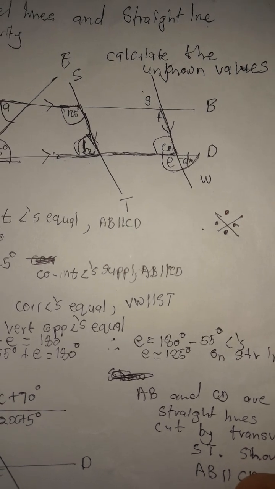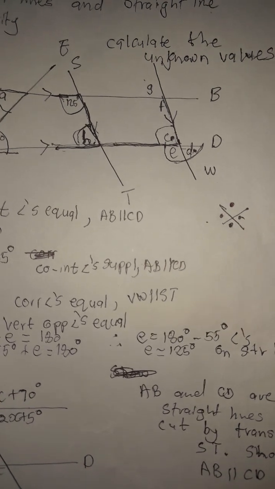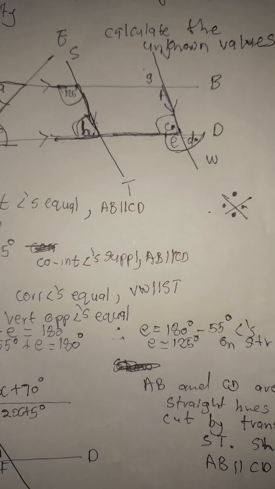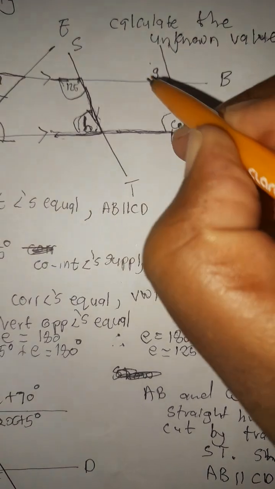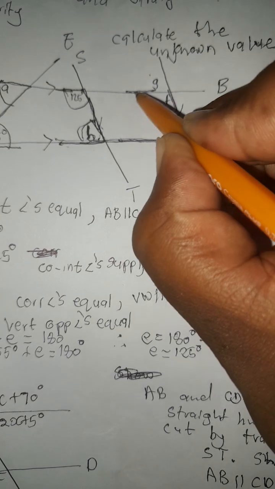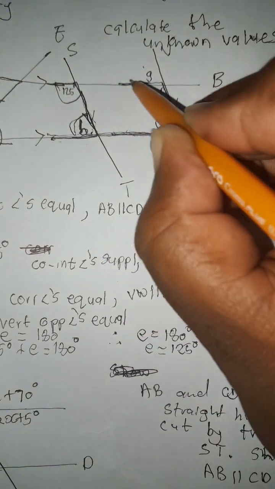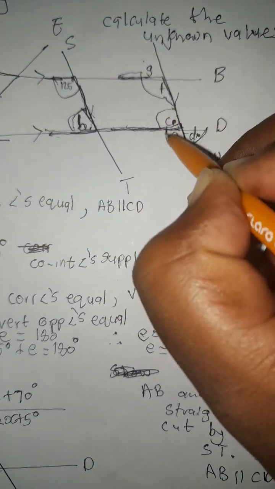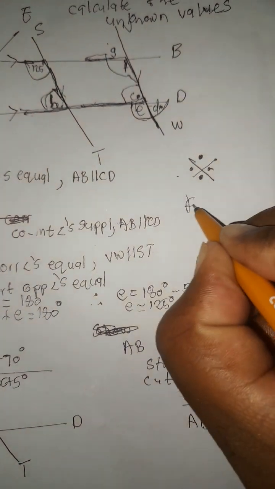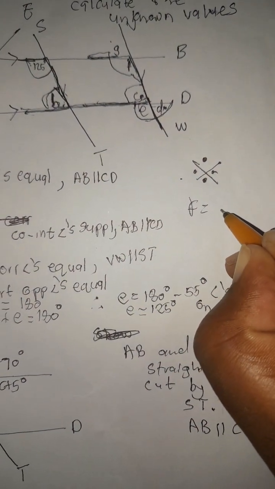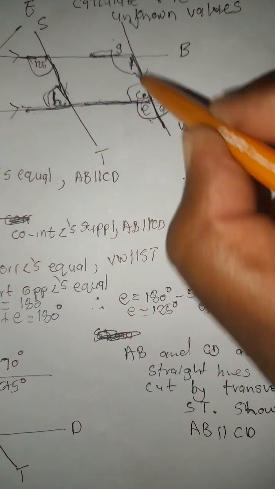Let's look at F. What about F? Can you see another F there? You see another F. Meaning that this and this are equal. So meaning that F will be equal to 125, equal to E. So these two angles form corresponding angles.